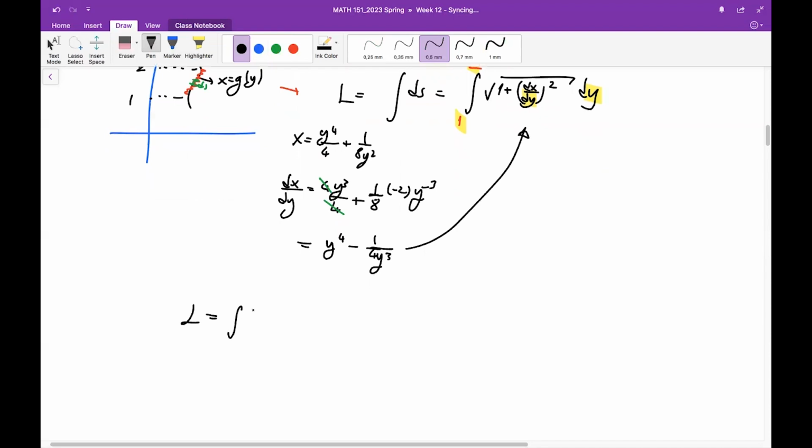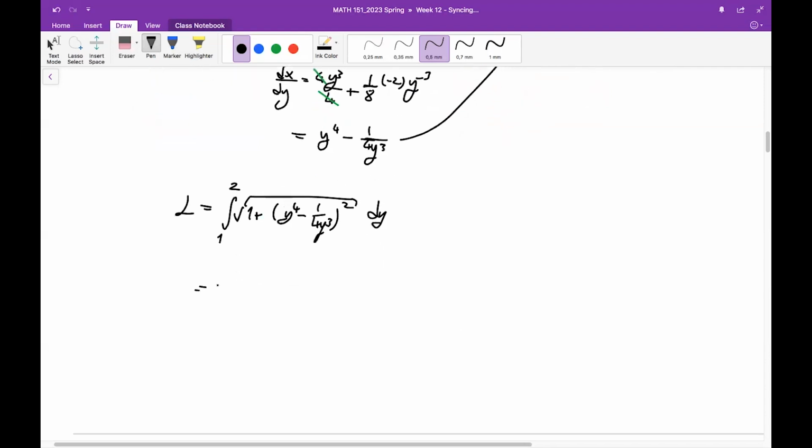So the length formula goes like this. From 1 to 2, 1 plus the square of this expression. This is the first derivative function. And everything is happening inside the square root dy.